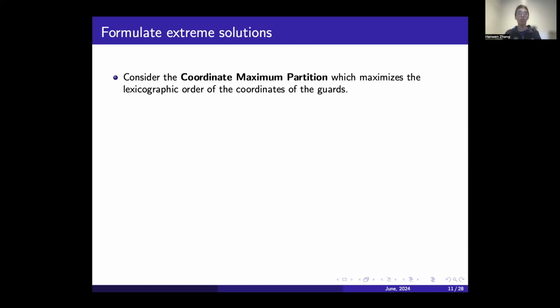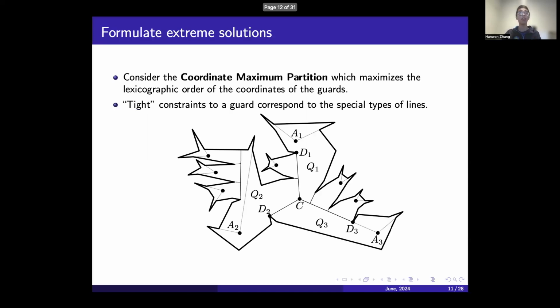We formulate the objective to be the lexicographic order of the coordinates of the guards. In every partition that maximizes the objective, each guard must be restricted by at least 2 half-planes, and the 2 half-planes represent where the guard is constructed from.